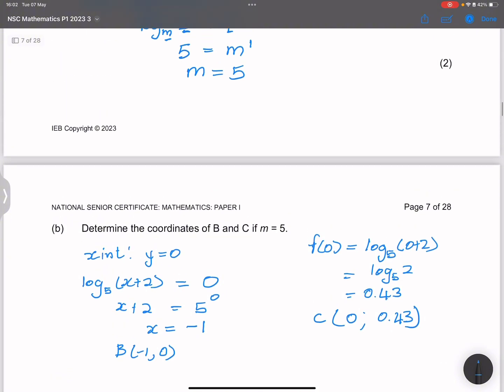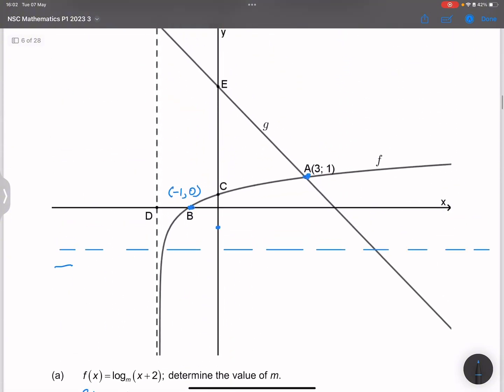Yes, it was 0.43, right? So now we are going to have an x-intercept at x is equal to 0.43. So we know we're going to have 0.43 somewhere there. Okay, so let's say 0.43 somewhere there.